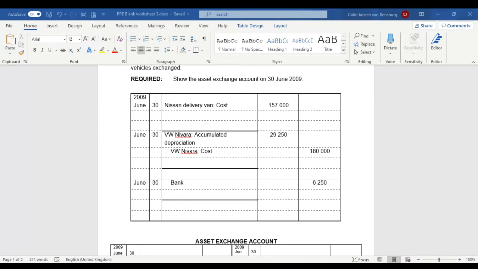So if it already balances, it means there's no loss and there's no profit on the exchange of assets here, right?